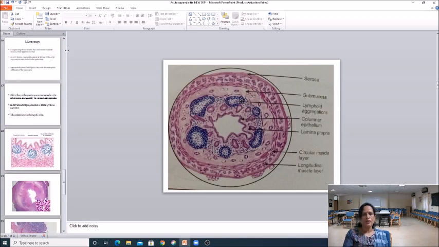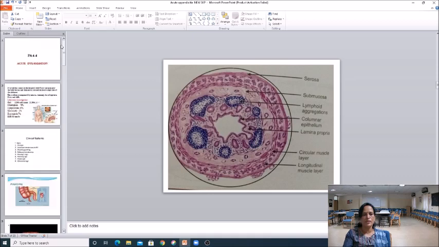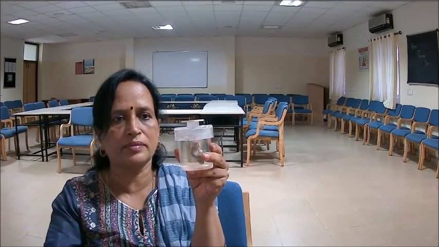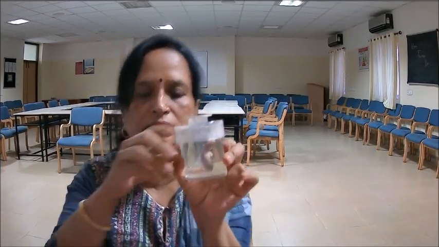Okay, so gross pictures, let us see. Before we see the gross picture, let's see this specimen. Are you all able to see this specimen? What is this? Hope it is visible.